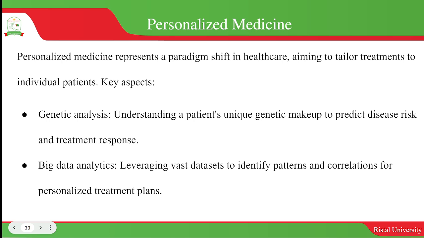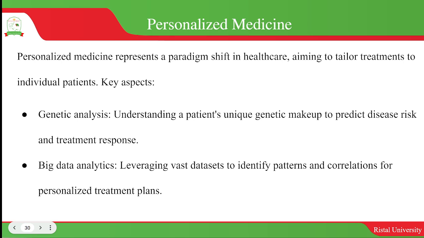We believe that genetics plays an important role in how people respond to therapies. So if we are to know your genetic makeup, if we are to collect your biodata, then we can know or predict even the kind of conditions that you are likely to get, and even address them before they happen. And also, if they happen, we are able to know what we can use to treat you. That's what we call personalized medicine. You can call it individualized medicine.